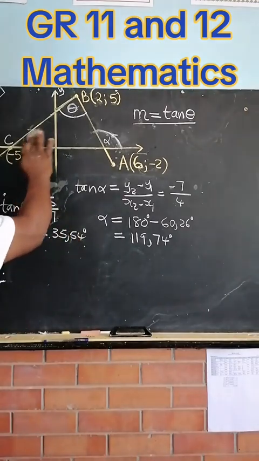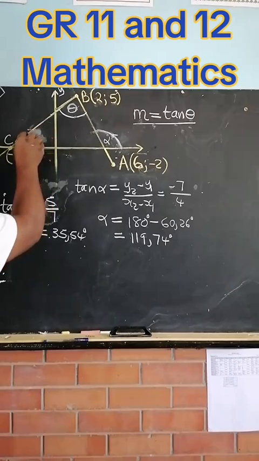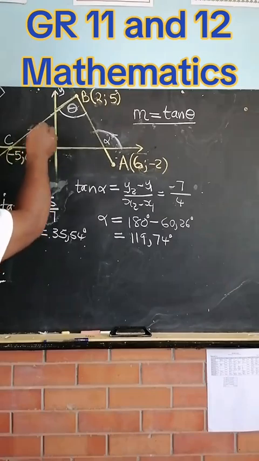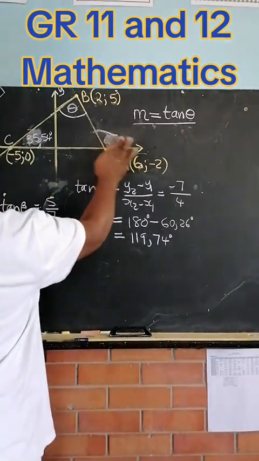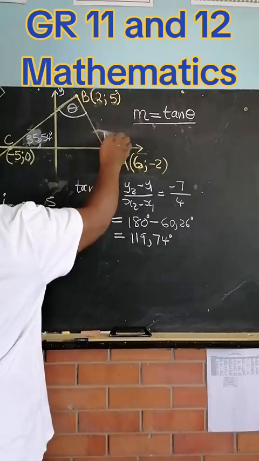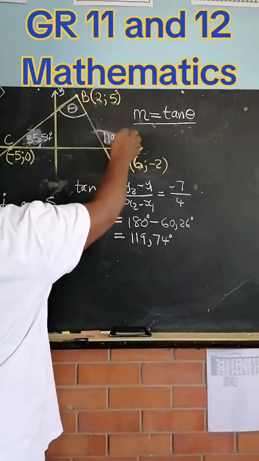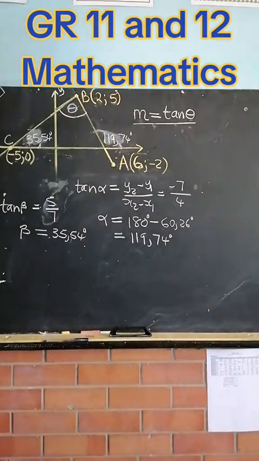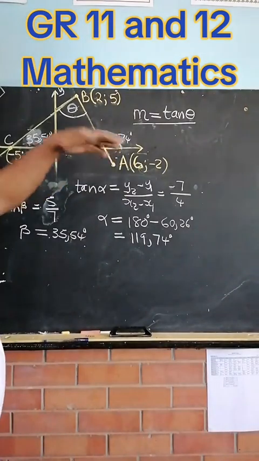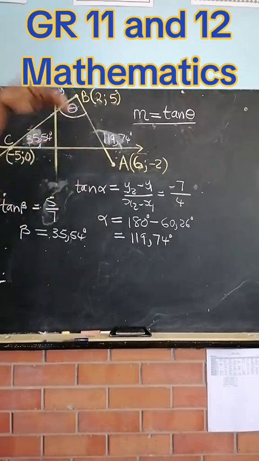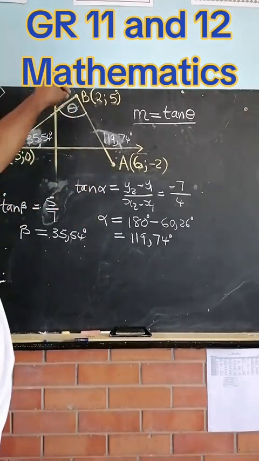Let's put it in the diagram. This is 35,54 degrees, and this one we got as 119,74 degrees.